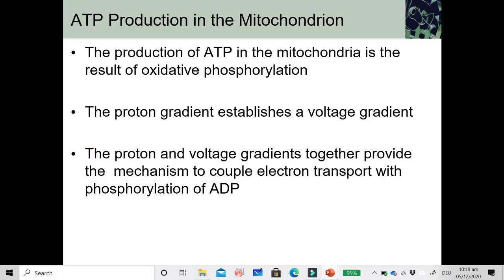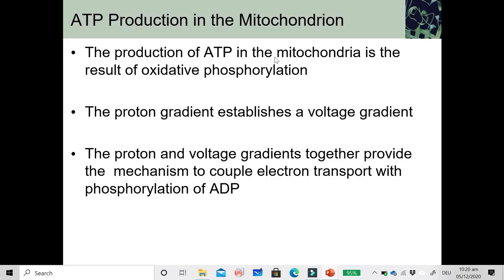Okay. The production of ATP in the mitochondrion is a result of oxidative phosphorylation, and I must say the yield of ATP from oxidative phosphorylation in the electron transport chain is so much greater than the yield of ATP from substrate level phosphorylation, for example, in anaerobic glycolysis.